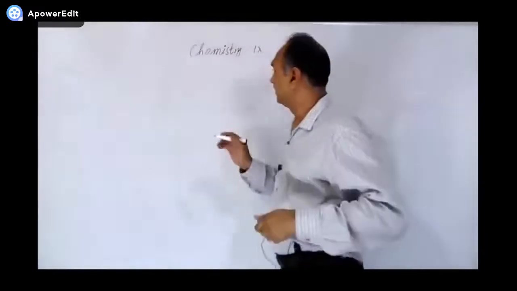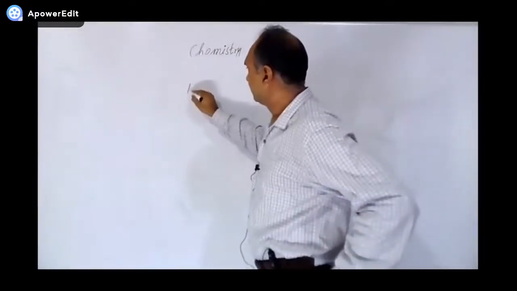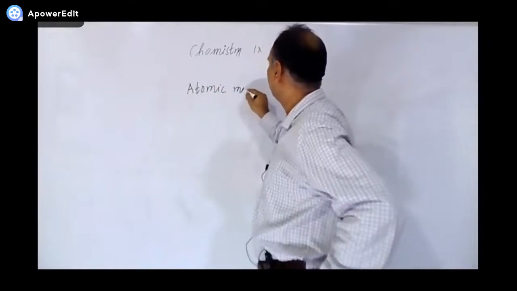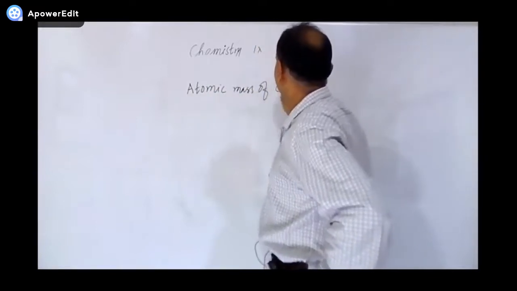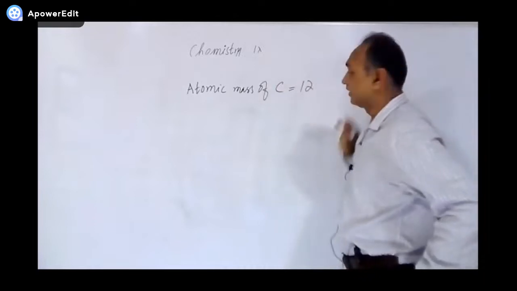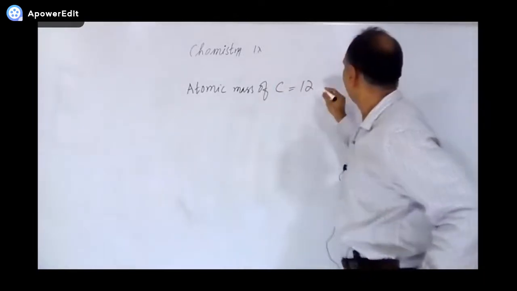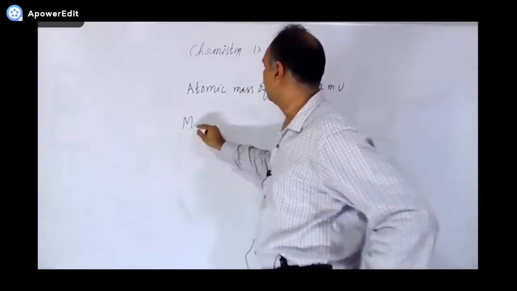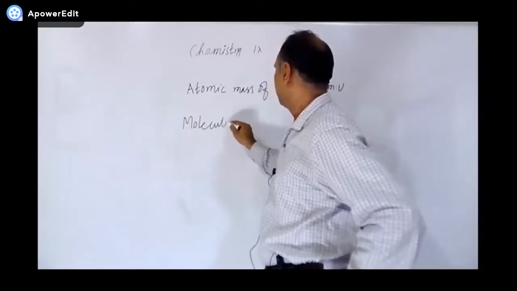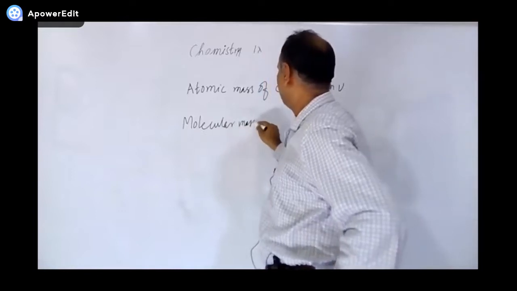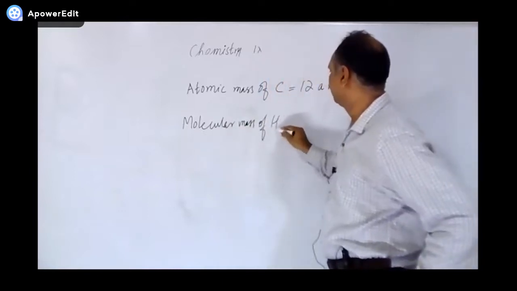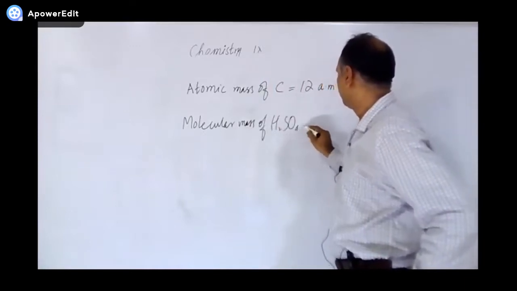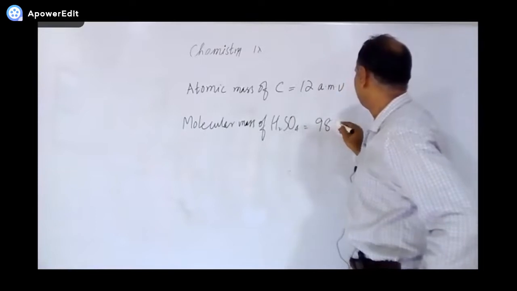What they did, suppose I write the atomic mass of carbon is 12, fine, AMU. Molecular mass of sulfuric acid, H2SO4, we did it, 98 AMU.